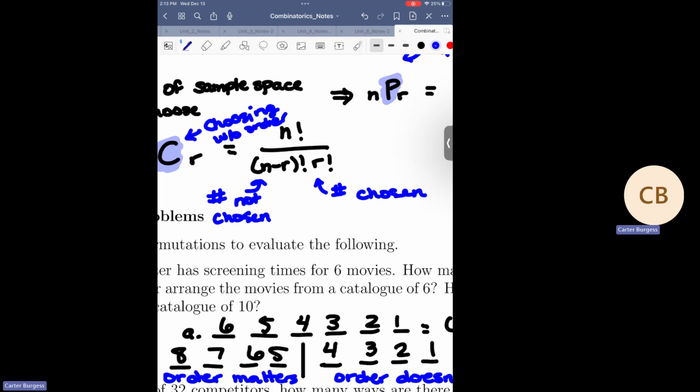So the first question is: is the scenario given an example where order matters for what I have chosen, or is it an example where order doesn't matter for what I have chosen? Then it's, okay, fill out the formula, right? Then it's plug in n, plug in r, go ham, have fun.